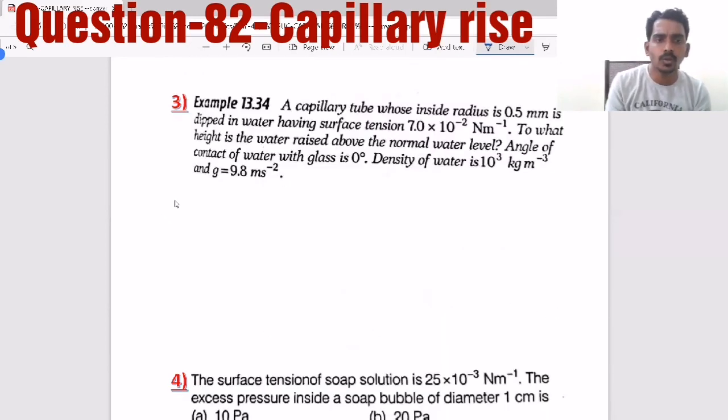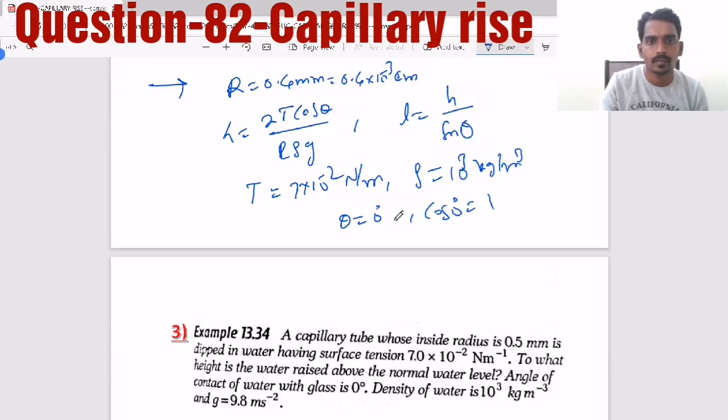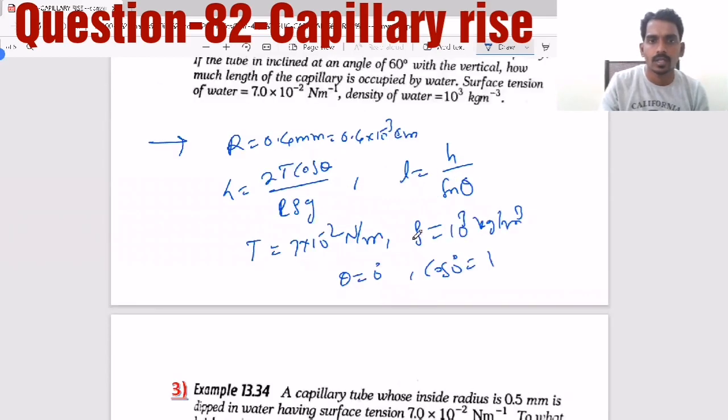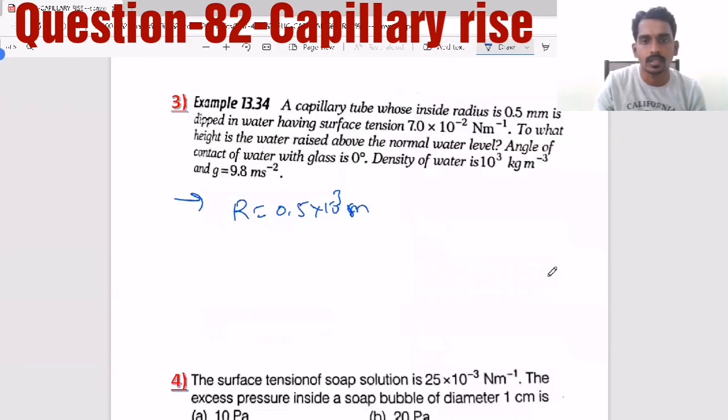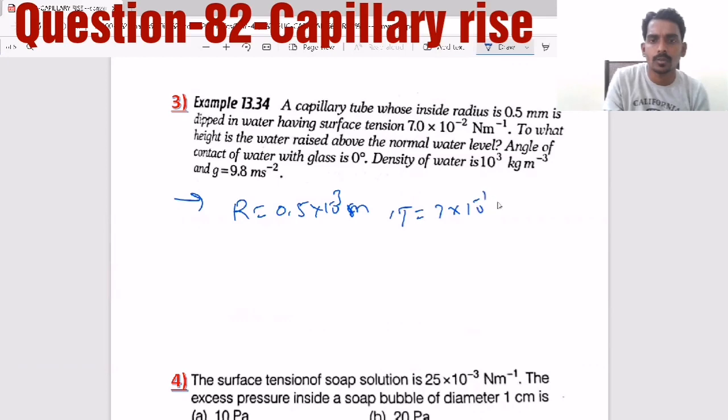Now, a capillary tube whose inside radius is 0.5 millimeter, again radius they have given 0.5 into 10 power minus 3 meter. Sorry, here I made a mistake. Meter actually, it is not centimeter. Please correct it. And dipped in water having surface tension 7 into 10 power minus 2 Newton per meter.